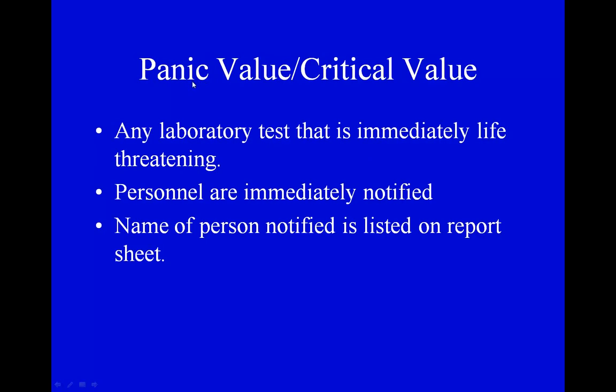So when we see the reference panic value or critical value on a patient's chart, or usually the color, say for this one, might be a bright red in an electronic format, we know that something is immediately life-threatening to the patient, and they would list who was designated and who was called. So do you see this one? It's for a test with cardiac enzymes, or this one's for blood sugar too.